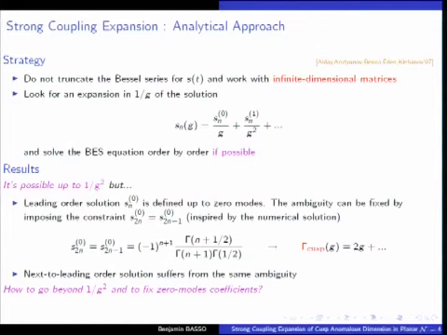The ambiguity at the leading order can be fixed by imposing a constraint inspired by the numerical solution, and this is the result. And from this, you can compute the Cusp and observe the agreement with string theory.